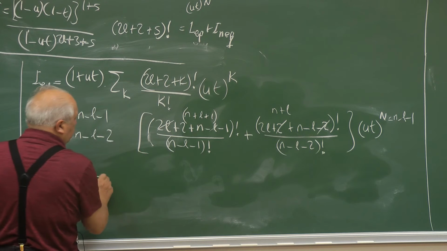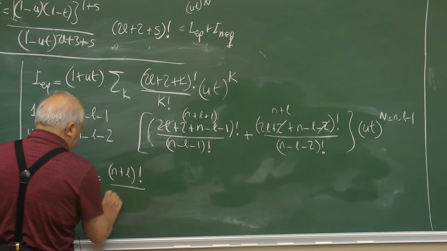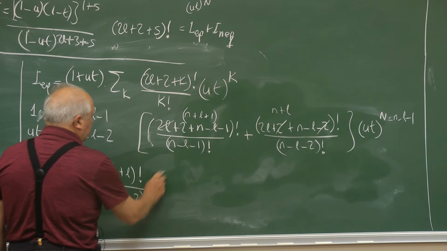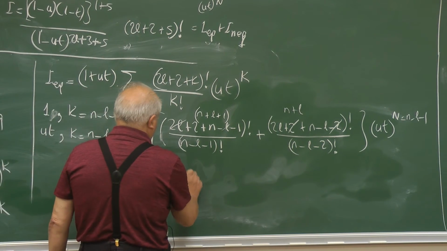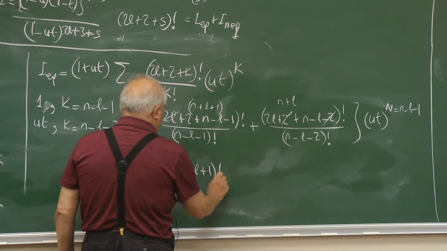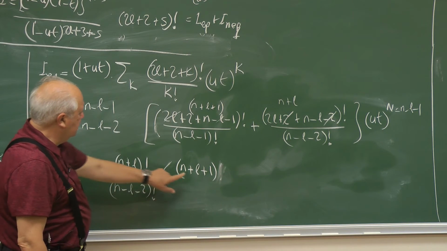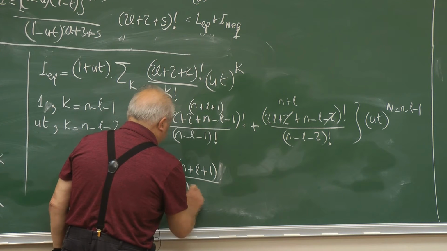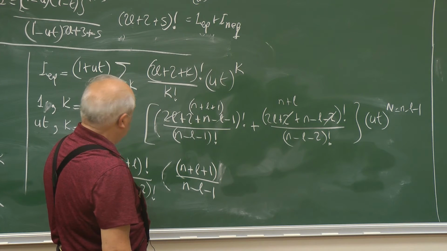So this is equal to (n plus L) factorial divided by (n minus L minus 2) factorial, plus (n plus L plus 1) factorial divided by (n minus L minus 1) factorial. (n plus L) factorial is common, so we have only this term, divided by (n minus L minus 1) factorial, plus 1.